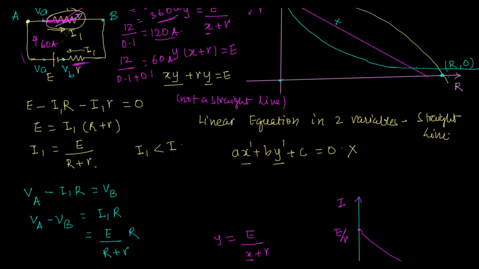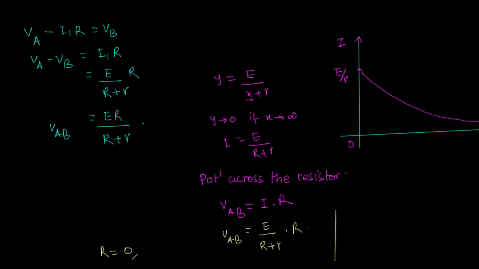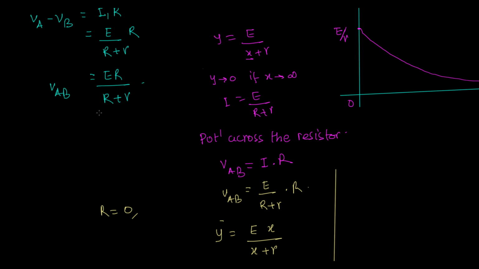If the current goes to 0, then the potential across this also is what? Let's try to see the potential across that. It seems that the potential is 0, but we'll see. We are trying to find the limit R tending to infinity of VAB. That becomes the limit R tending to infinity of ER upon R plus r.